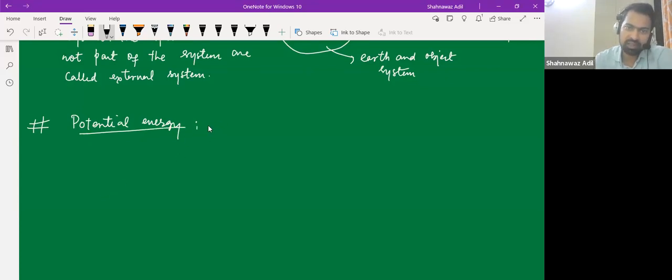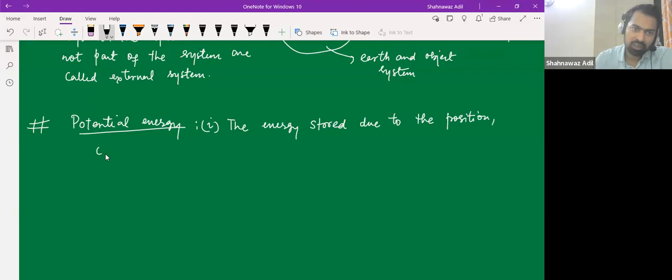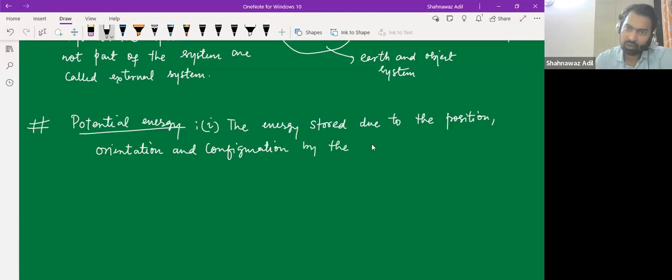This is defined as the energy stored due to the position, orientation, and configuration of the object in space.